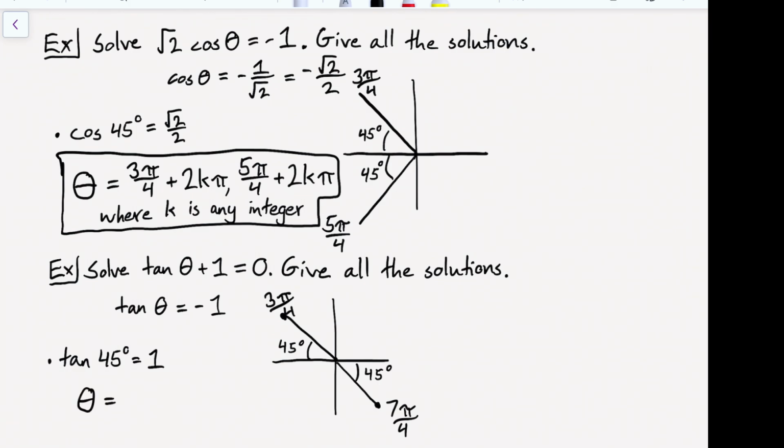So I'm going to just take the initial value of theta equals 3 pi over 4 plus k pi. And once again, k is any integer. If I start at 3 pi over 4 and I add or subtract any multiple of pi, I will either be here or here with my coterminal angles. And that accounts for all the solutions of theta.